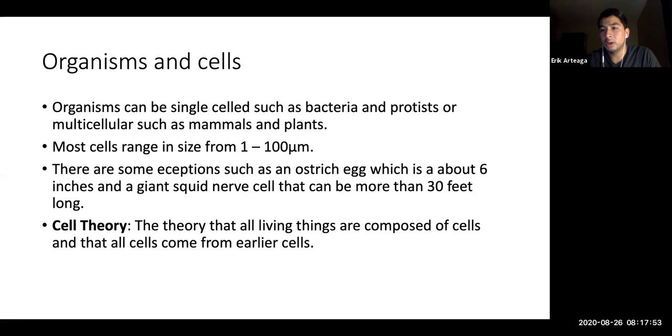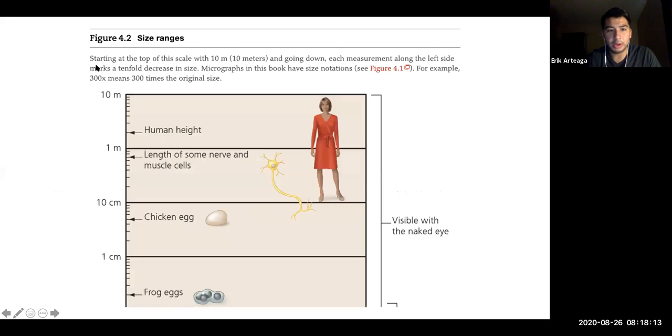Nothing is smaller that's alive than an actual cell, right? And again, we can have very, very small cells such as bacteria, but anything smaller than that, you can't have life. Okay, cells are the smallest denominator of life, or smallest fraction of life, right?